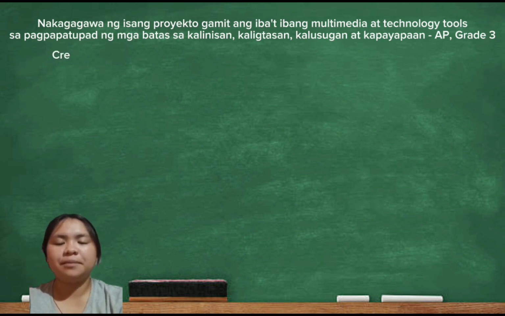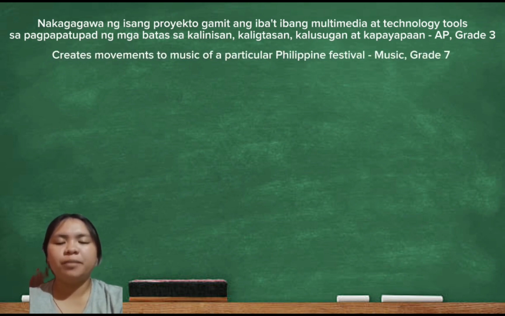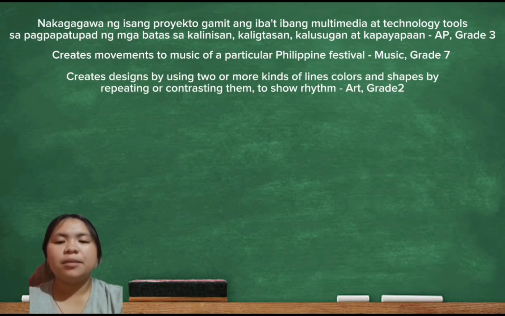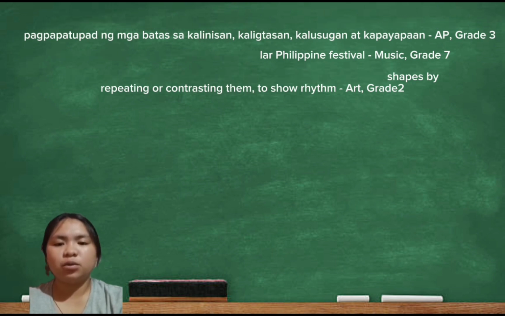AP, grade 3. Creates movements to music of a particular Philippine festival. Music, grade 7. Creates designs by using two or more kinds of lines, colors, and shapes by repeating or contrasting them to show rhythm. Art, grade 2.